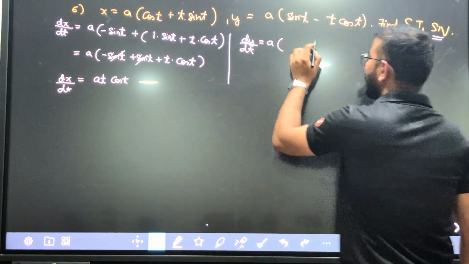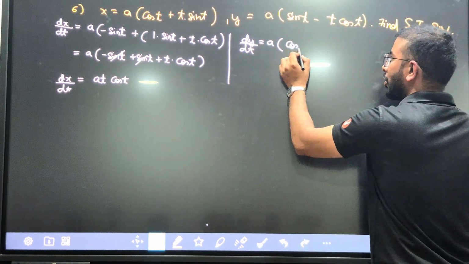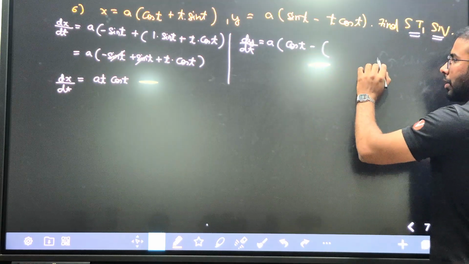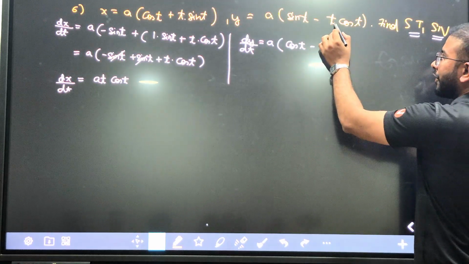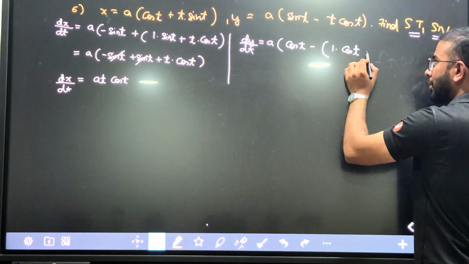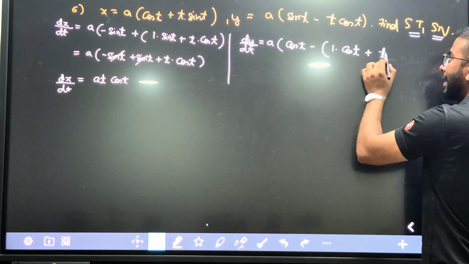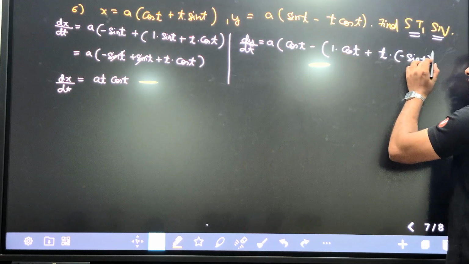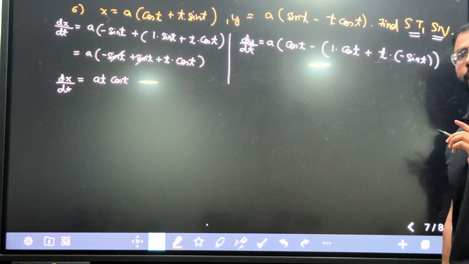A as it is. Now tell me, what is sin t differentiation? Cos t, minus outside. Now what we'll do is t into cos t. First we'll differentiate t. T differentiation is 1. Cos t will remain same. Plus t as it is, cos t differentiation is minus sin t. Right? We discussed, whatever starts with c would be negative.